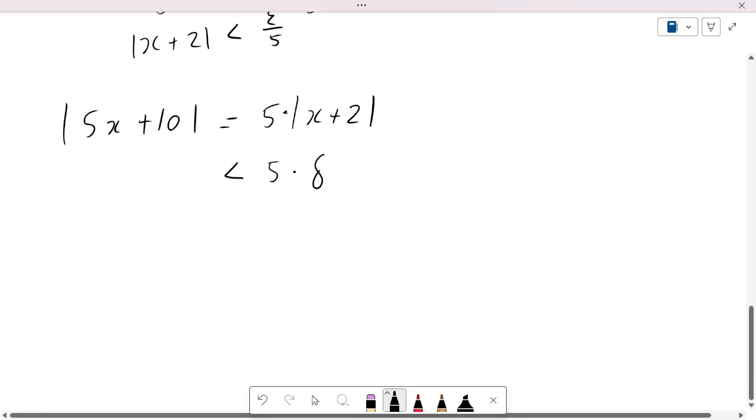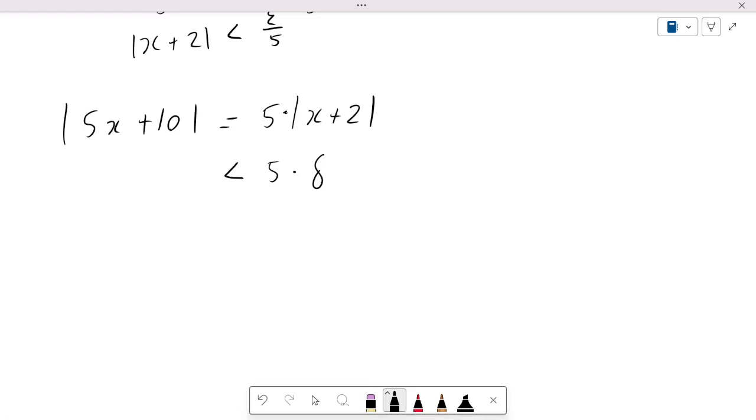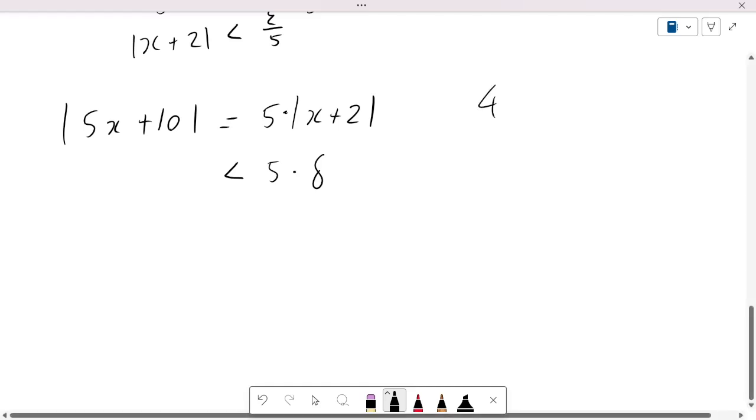And the reason why we keep the 5 over here is because, let's say, for example, 4 is less than 6, we know that this is going to be true. 6 is greater than 4.